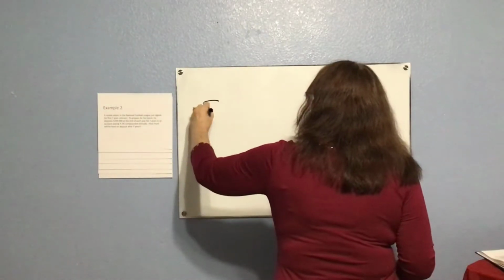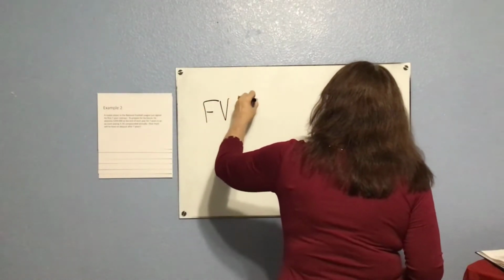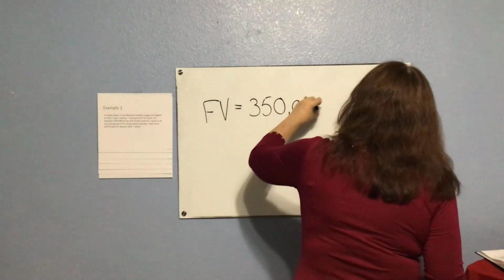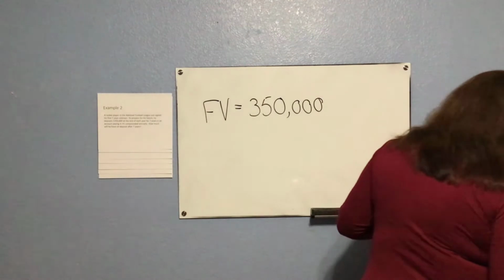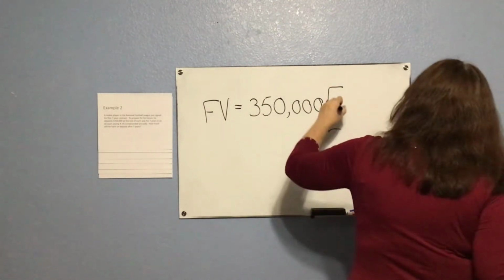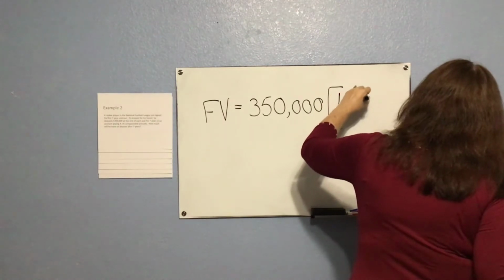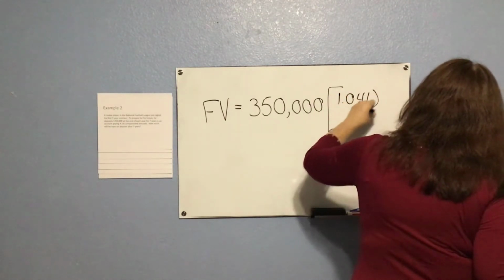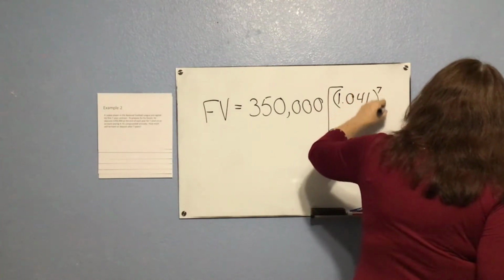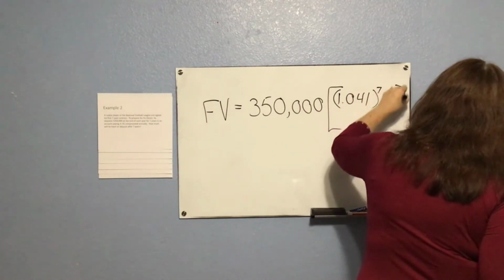So we'll use our formula. Future value is equal to the payment, $350,000, times 1.041, that's the 1 plus the interest. And we're doing this for 7 years, minus 1.